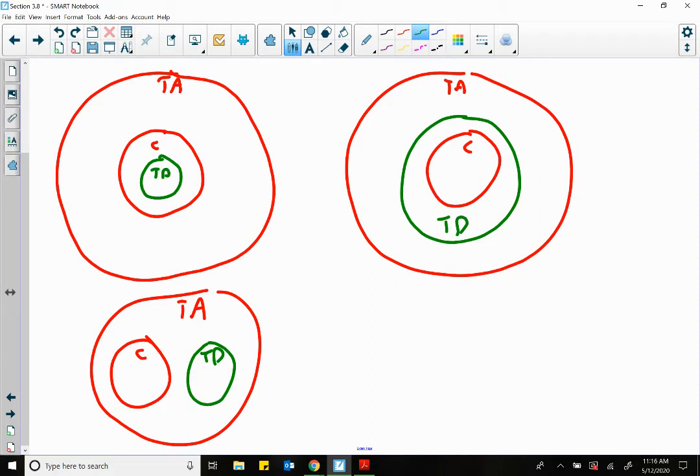Time devices. Maybe some of you drew it like that. Okay? Because again, clocks is inside time accurately. Time devices is inside time accurately. It didn't say anything about these two having to touch or be surrounded by each other. It just says these two circles have to be inside time accurately. And then hopefully I've given you the idea of one more picture.